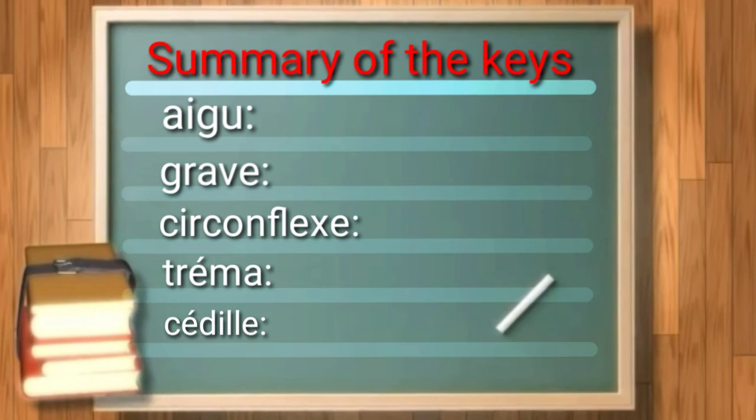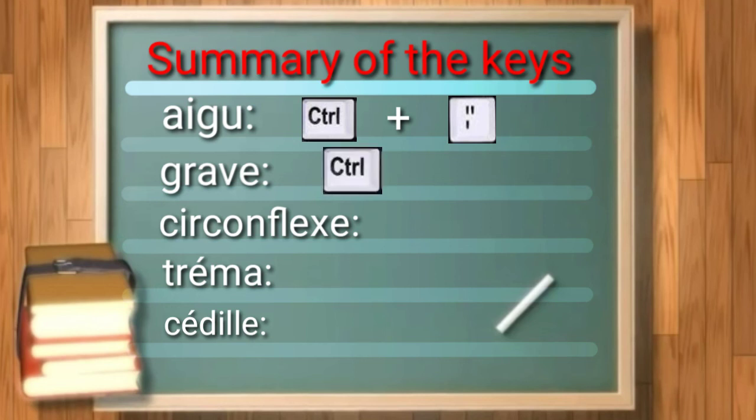Alright, let's summarize the whole process. Now, accent aigu, you press Ctrl and then this key at the same time, you release, and then type the letter where you want the accent to go. With accent grave, you hold your Ctrl with this key, and then you type the letter where you want the accent to go.